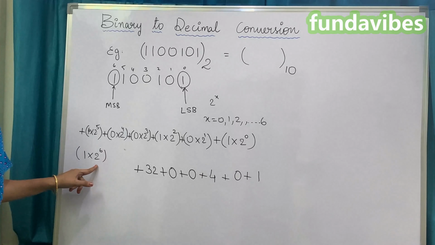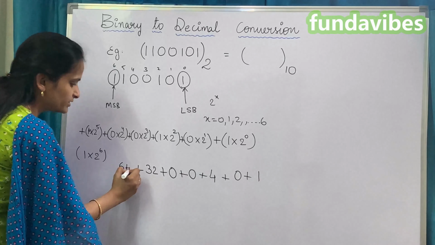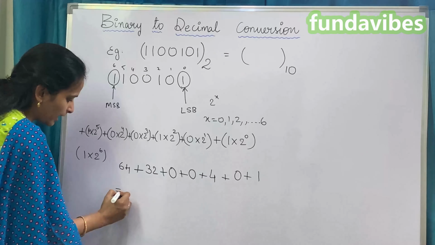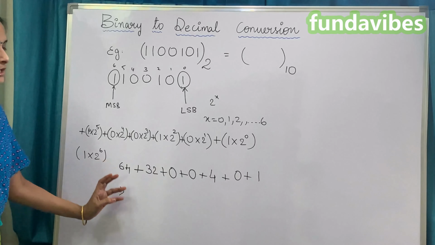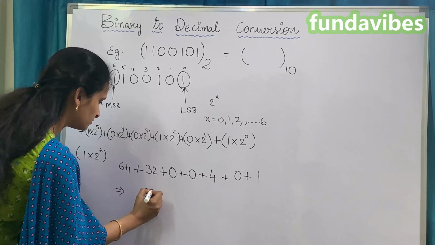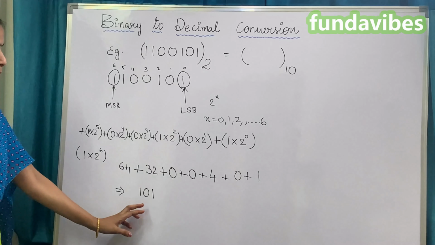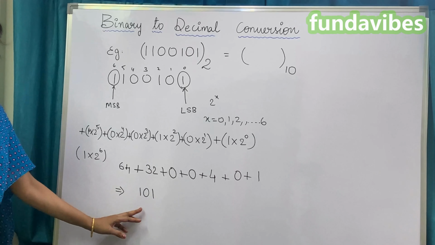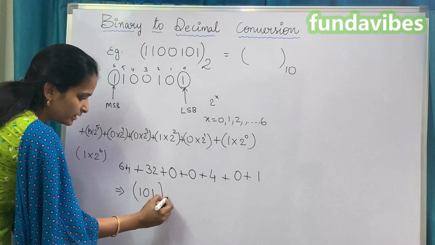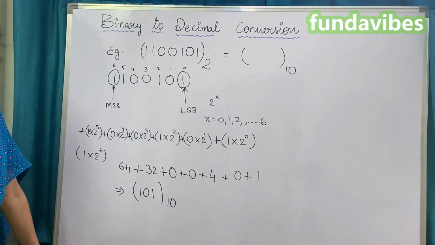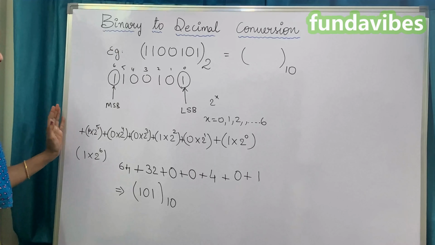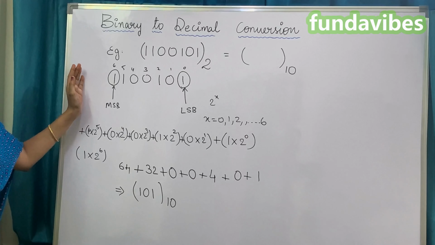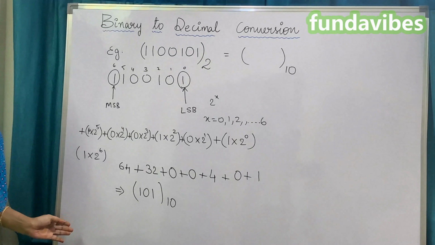Next, 2 to the power of 6, that is 64. Now if we sum up all the resultant values, we will get the required decimal number. It is 101. So this will be our resultant decimal number for the given binary number.